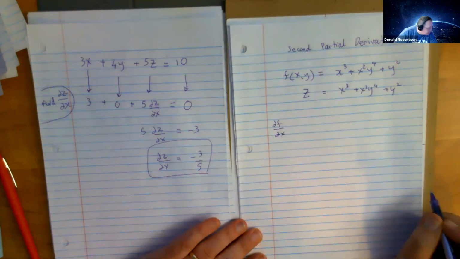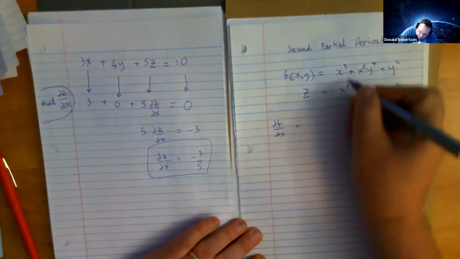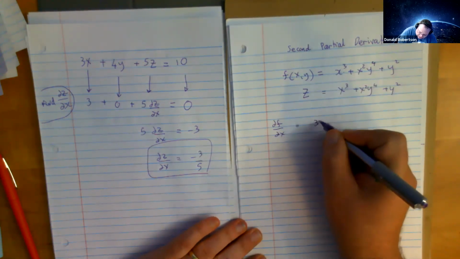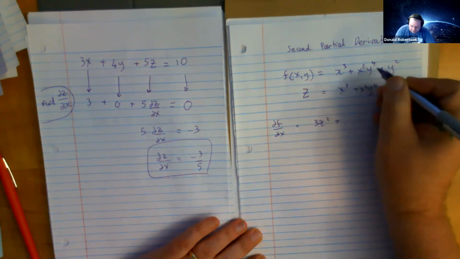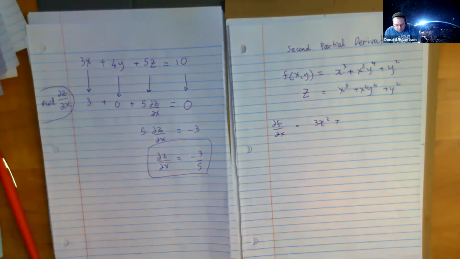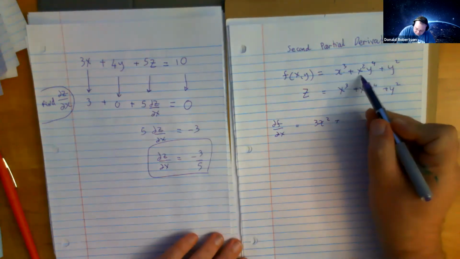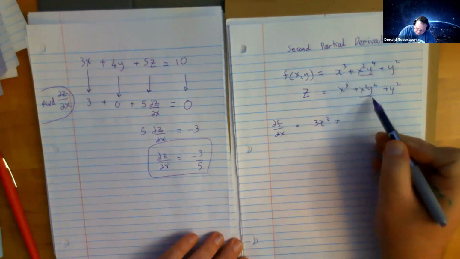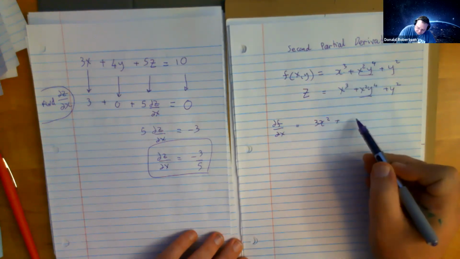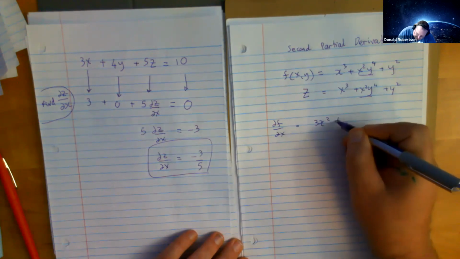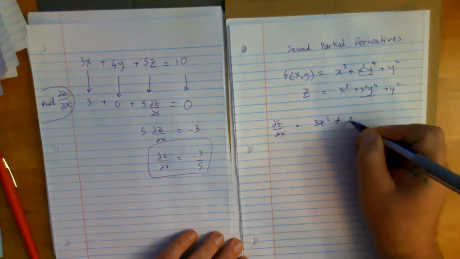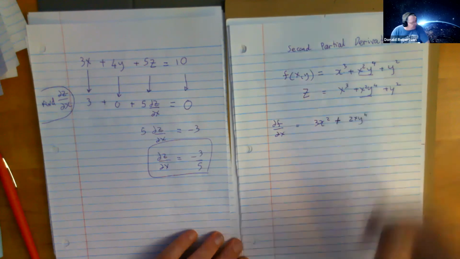First partial derivative. So I would get, with respect to x, 3x squared. What would x squared y to the 4 get me with respect to x? Two xy to the 4. Hopefully we all agree with that.